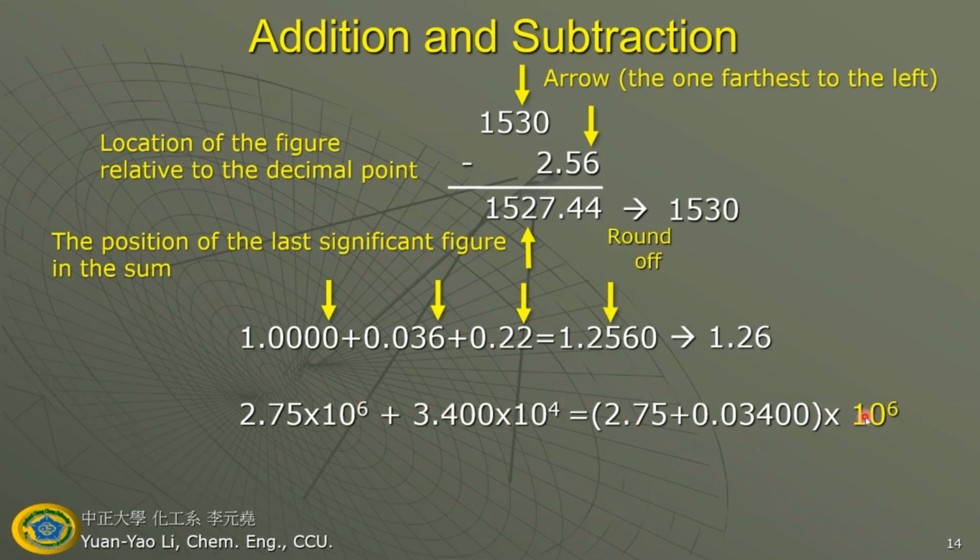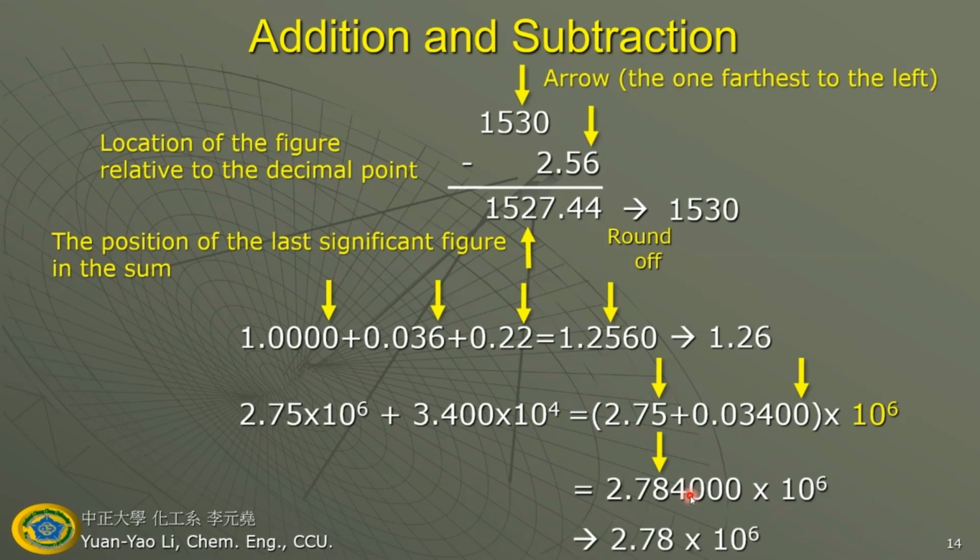So we take out 10 to the 6 here. So we have 2.75 plus 0.03400. Again, this one has 4 significant figures and this one has 3 significant figures. So where is the last significant figure? Here. Okay, so the answer we can get is this one, and then if we do the round-off after this, the answer we can get is 2.78 times 10 to the 6.